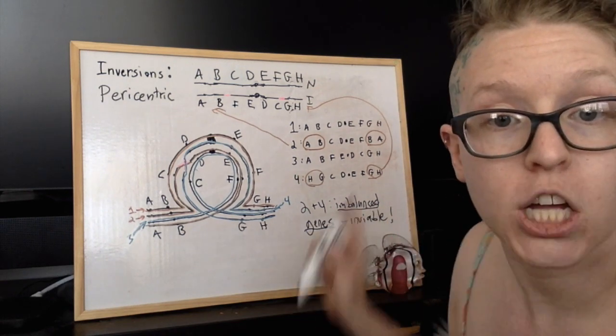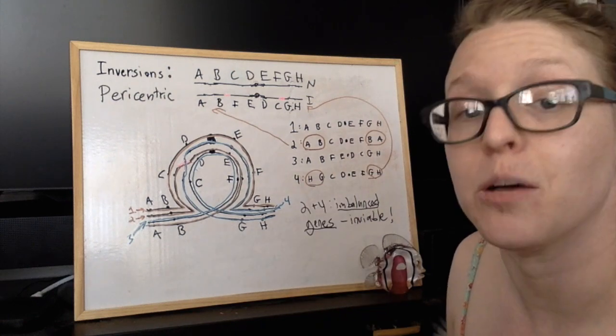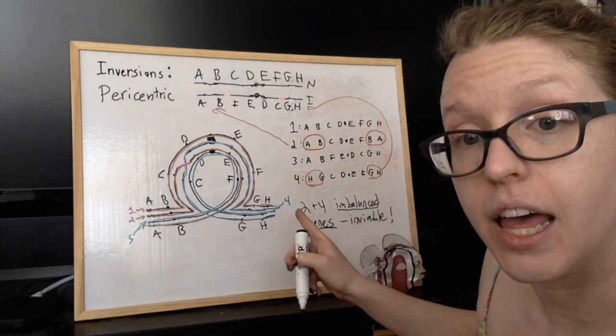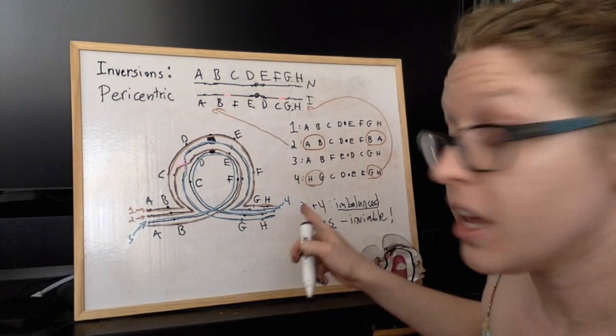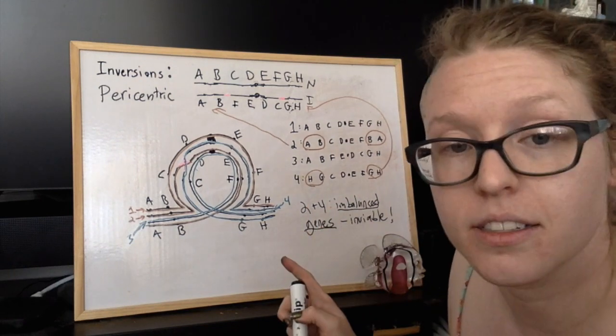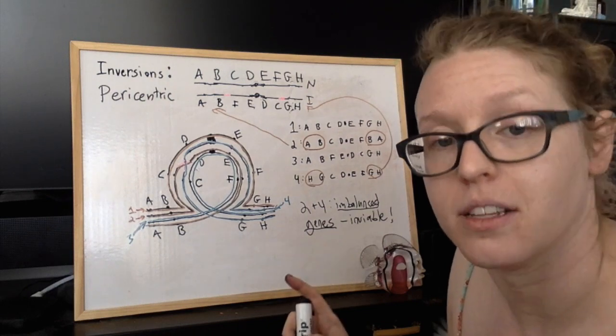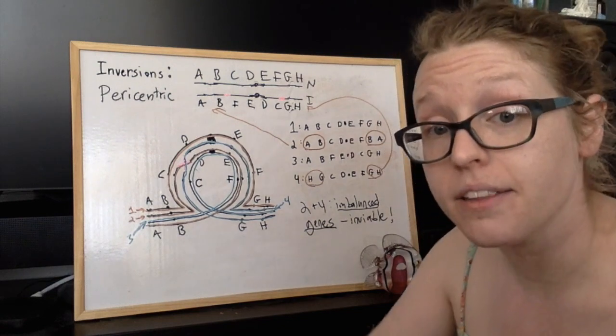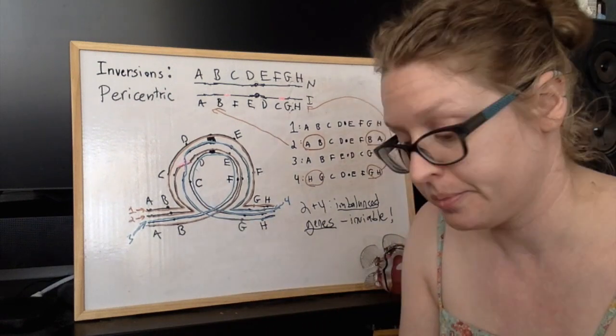Inviable. 2 and 4 are inviable. And this is the answer to D in that question. They're inviable because the genes are imbalanced. They're inviable because they're missing things and they have too much of other things.